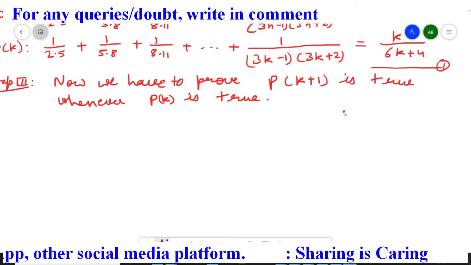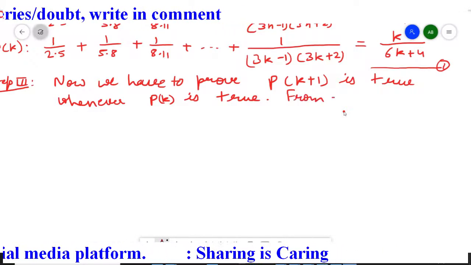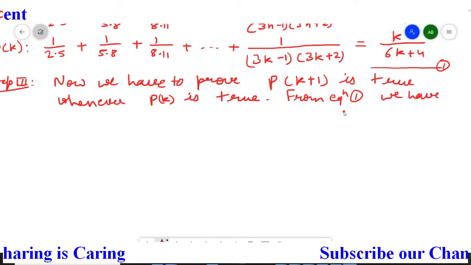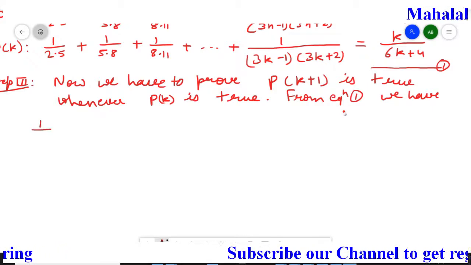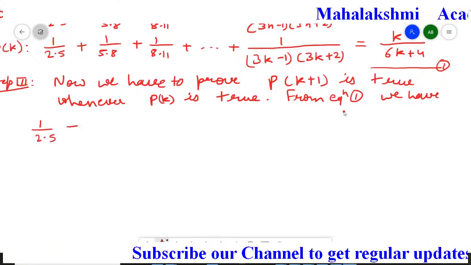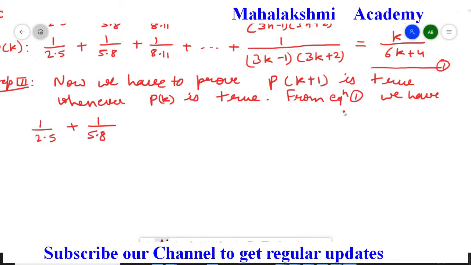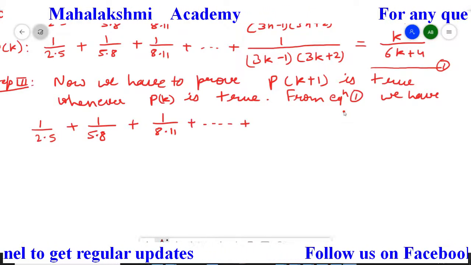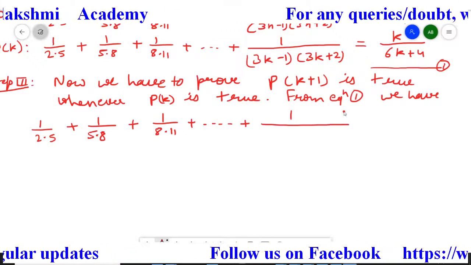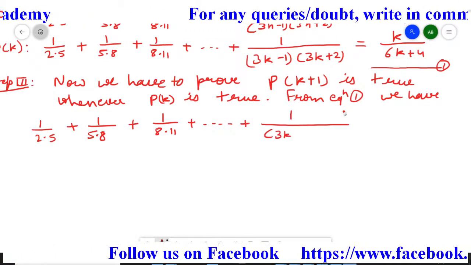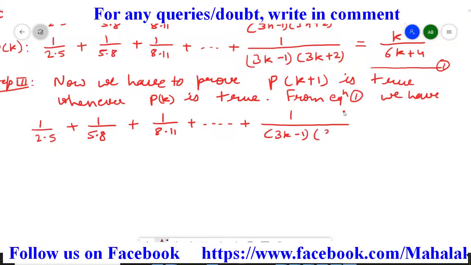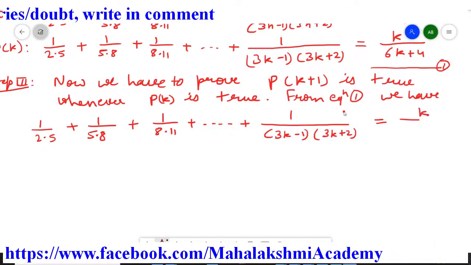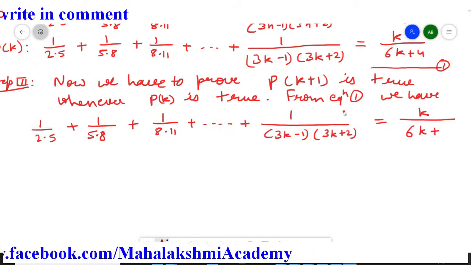So from which equation we are to write here? From equation 1. So I will mention here from equation 1 we have. So I am writing here equation 1, that is 1 upon 2 multiplied by 5 plus 1 upon 5 multiplied by 8 plus 1 upon 8 multiplied by 11 plus it's extended up to 1 divided by 3k minus 1, then 3k plus 2 is equal to k divided by 6k plus 4.